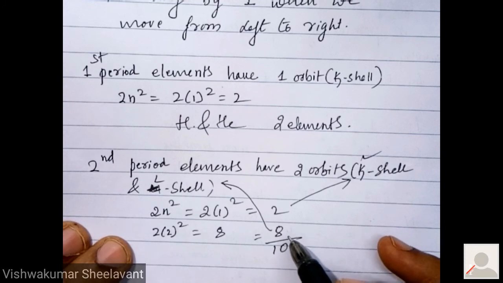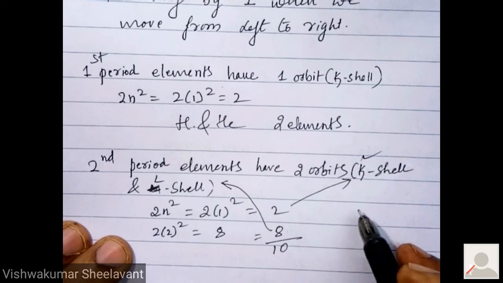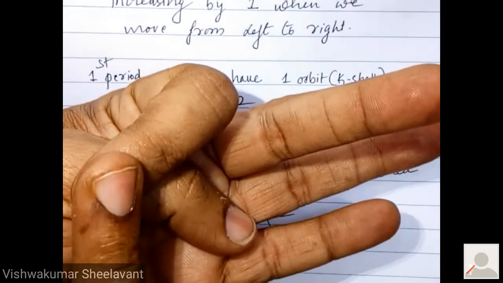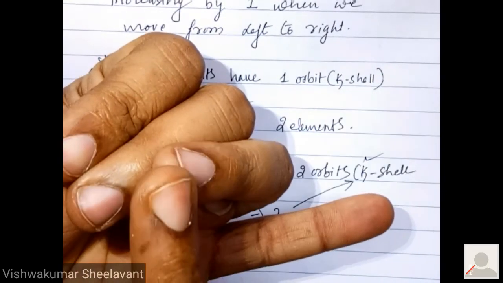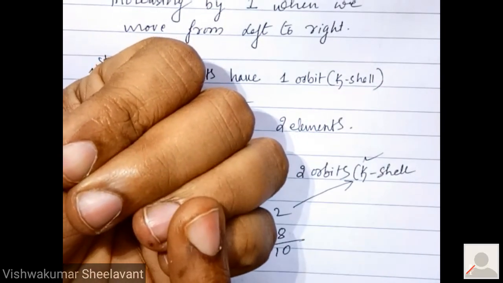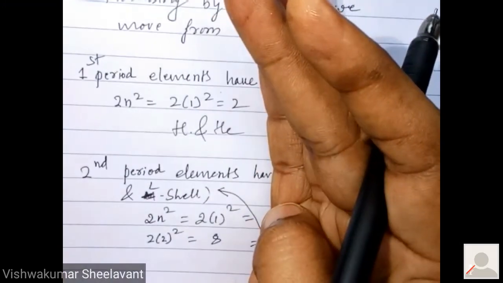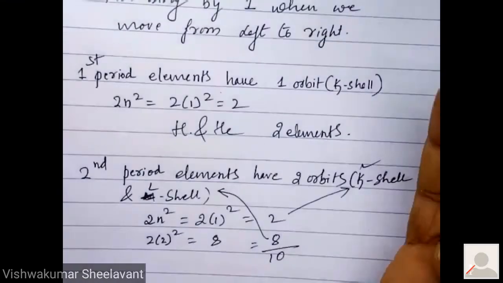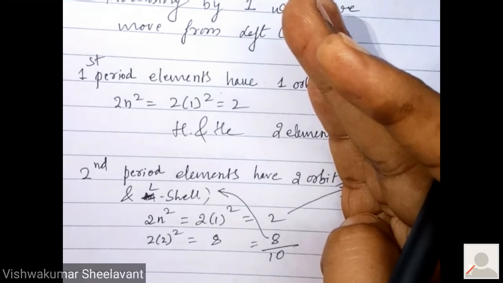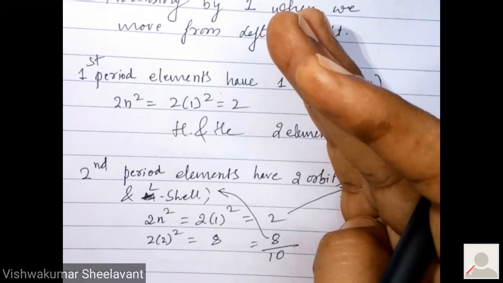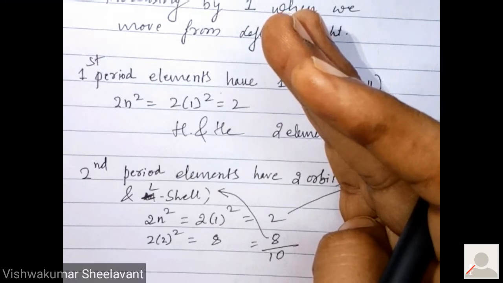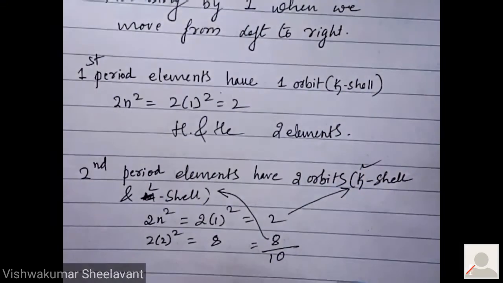From the third electron, you have to count up to the 10th electron because there are total 10 electrons, right?